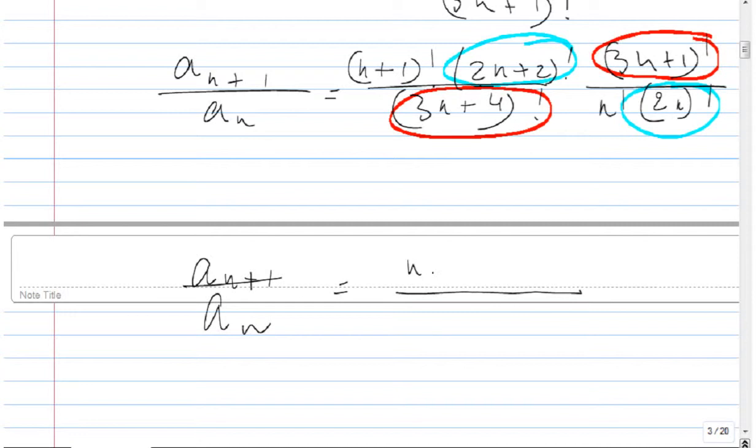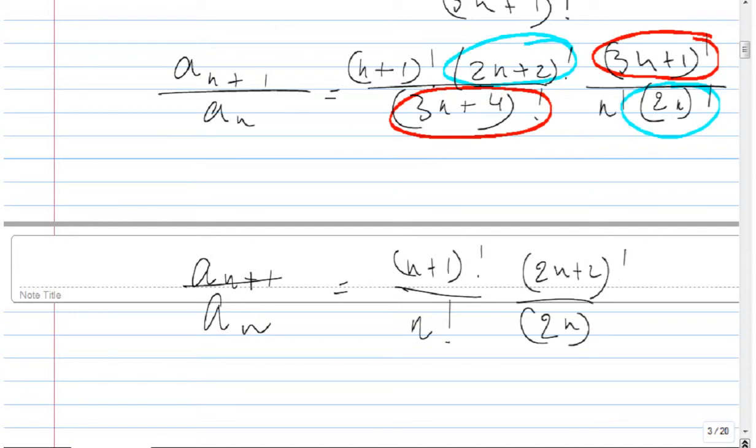We have (n plus 1) factorial over n factorial, and then we have (2n plus 2) factorial over (2n) factorial. And finally, (3n plus 1) factorial over (3n plus 4) factorial.